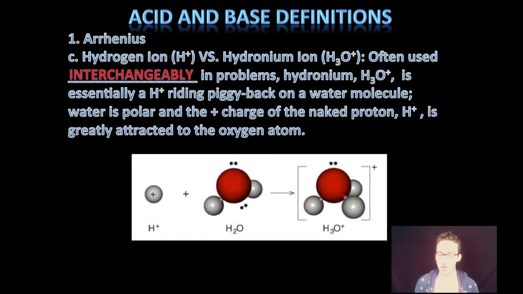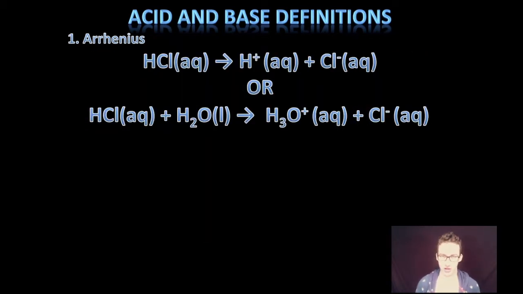Okay, so a quick thing to keep in mind when we talk about the Arrhenius definition that is often confusing for students. The hydrogen ion and the hydronium ion are often used interchangeably when we talk about these things in problems. It's important to recognize, as you look at your notes, that you can see them represented both ways. That first representation is just showing the ionization of your hydrochloric acid molecule into the hydrogen ion and the chloride ion.